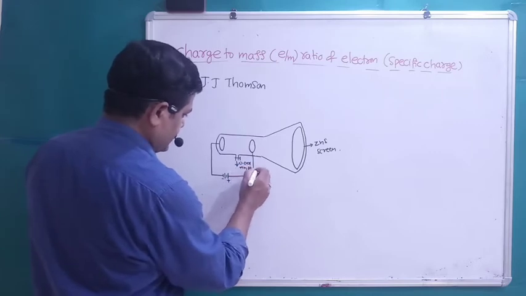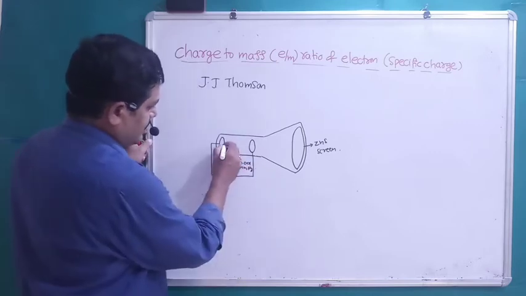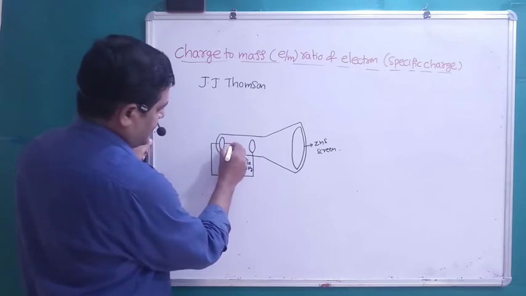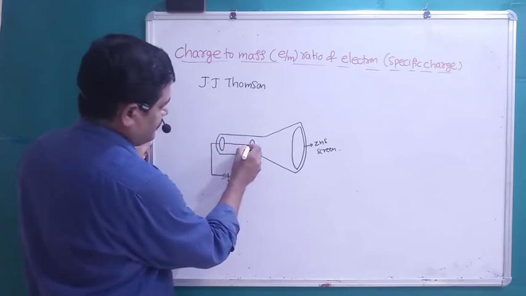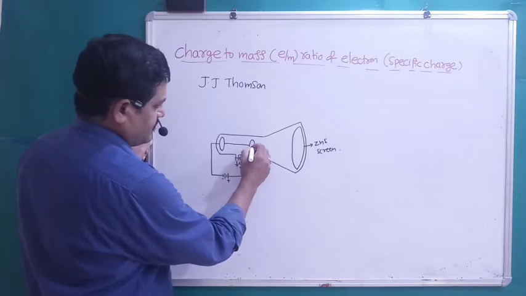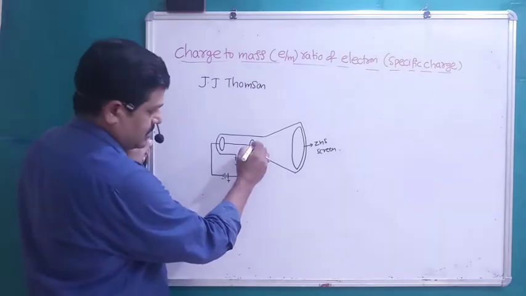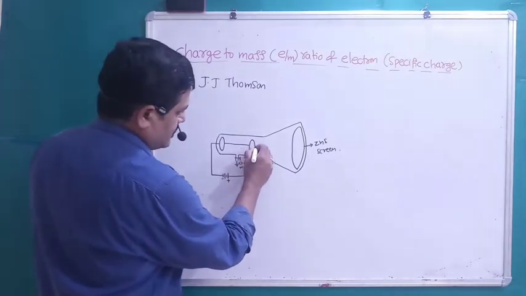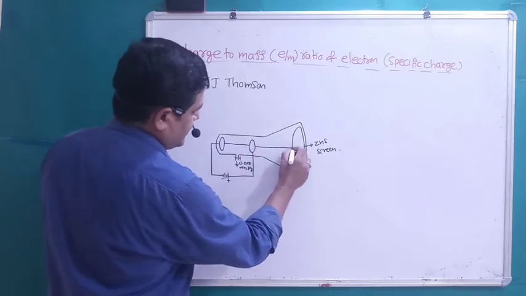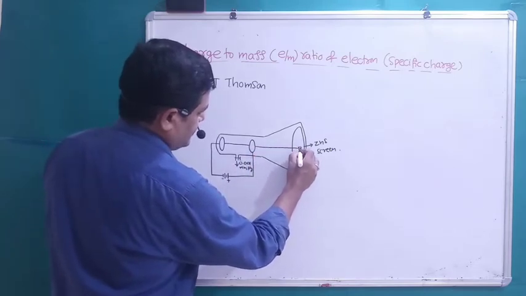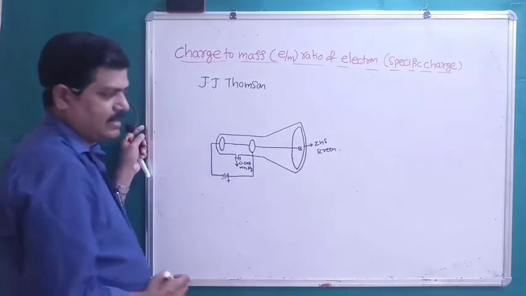Then cathode rays are hitting the zinc sulfide screen. If there is a hole on the anode, then they hit the zinc sulfide screen at a point B.